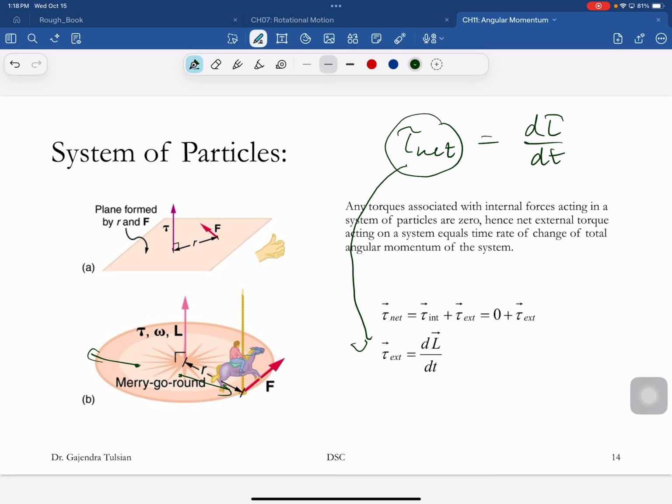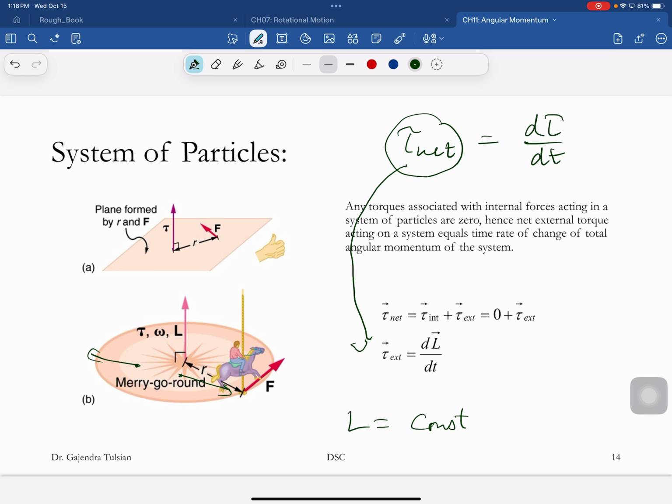Okay? And now I'll show you some spectacular examples soon. When the external torque acting on a system is zero, then dL by dt is zero. That means L is constant.